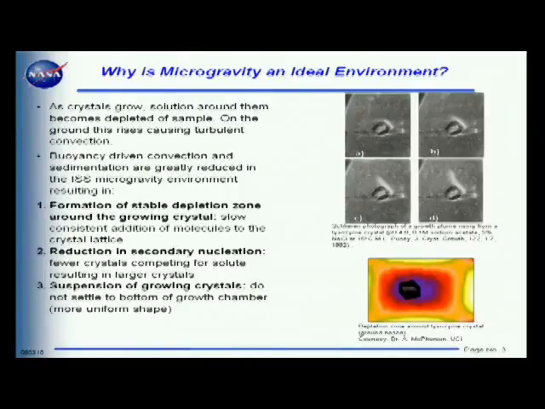As the nucleus of the crystal forms and protein molecules are added to that nucleus and the crystal begins to grow, there's a slight halo around the crystal. This is the region where the density of the molecule is depleted as those molecules are added to the crystal, and the more molecules are added, the lighter that region becomes, and with buoyancy-driven convection, that will rise up, as you can see the growth plume in photograph D here.